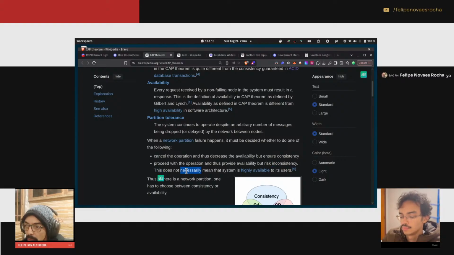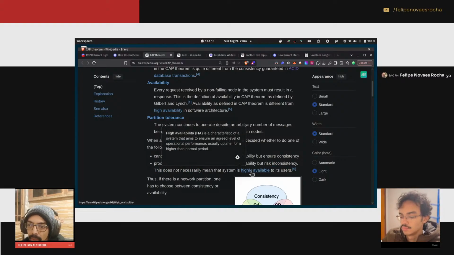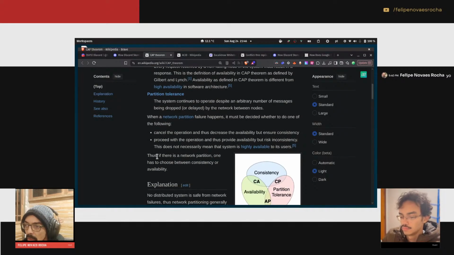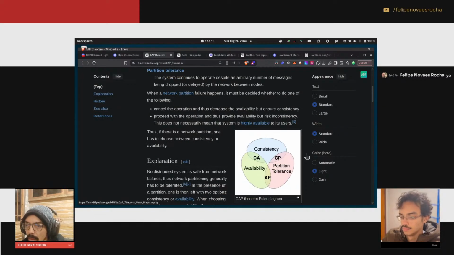This does not necessarily mean the system is highly available to these users. Thus, if there is a network partition, one has to choose between consistency or availability. So here's the map: you have CA or AP or CP. We are reading the article and they said AP here.